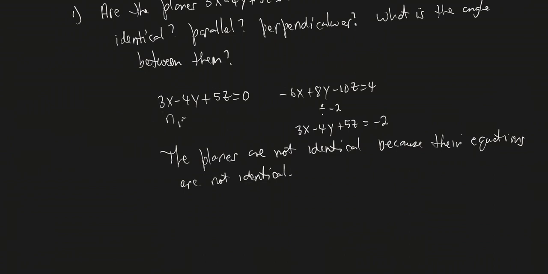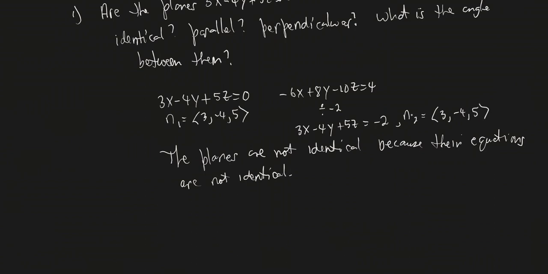So n1 in this case is the vector with components 3, negative 4, 5. And then this plane will have a normal vector that's not even just a scalar multiple, but it's exactly the same, the exact same thing.